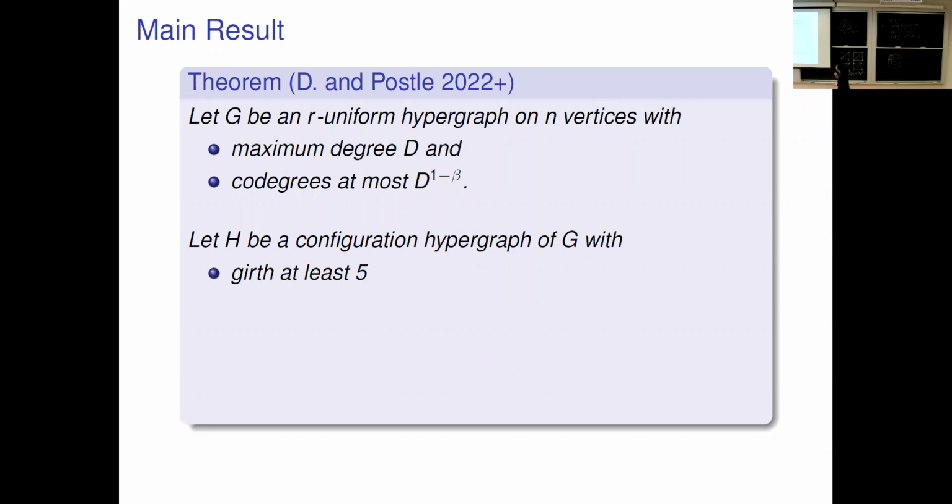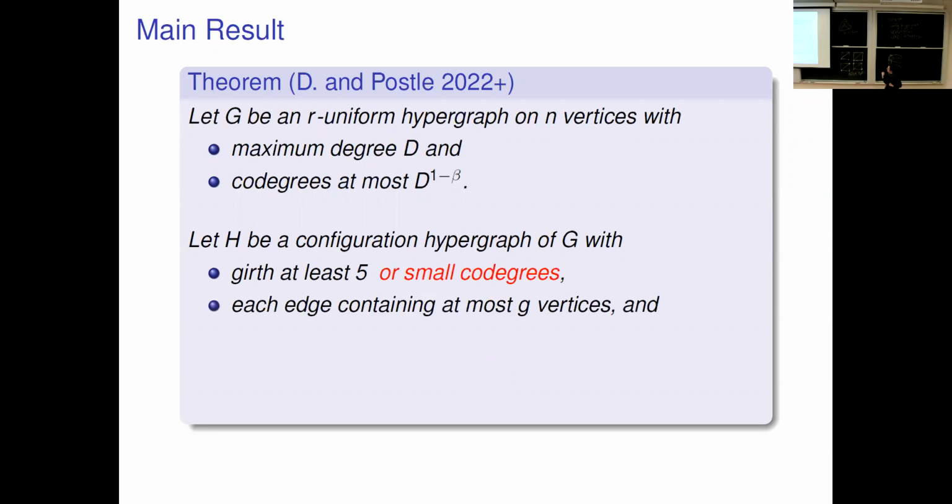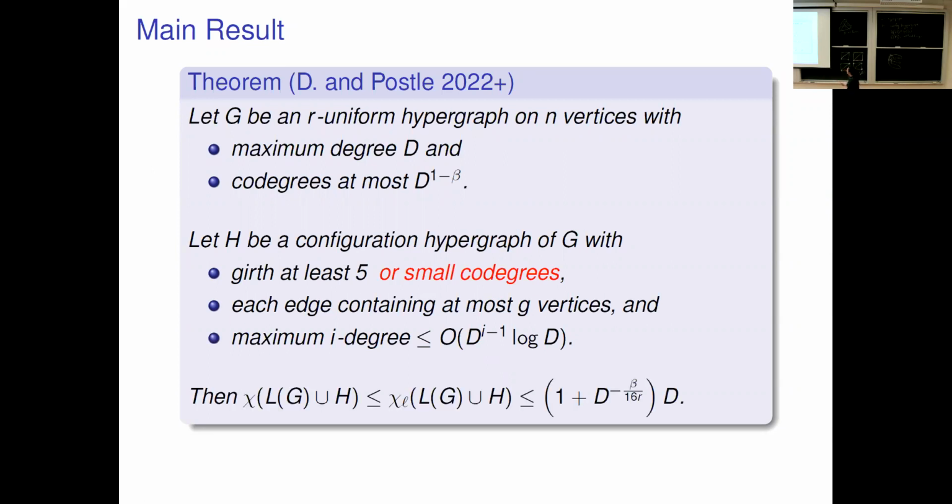And we are going to say that there are no cycles of length 3 or 4, and that each edge contains at most g vertices, and there's some bound on the i-degrees. So then we have some upper bound on the chromatic number, and it's going to be some value times the maximum degree of the graph. So this is a bit technical, and we'll go through it a bit carefully in a few minutes.